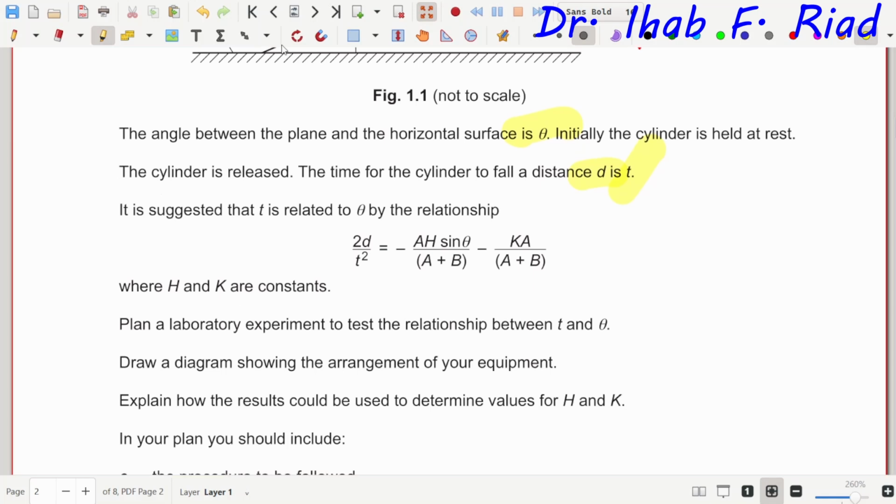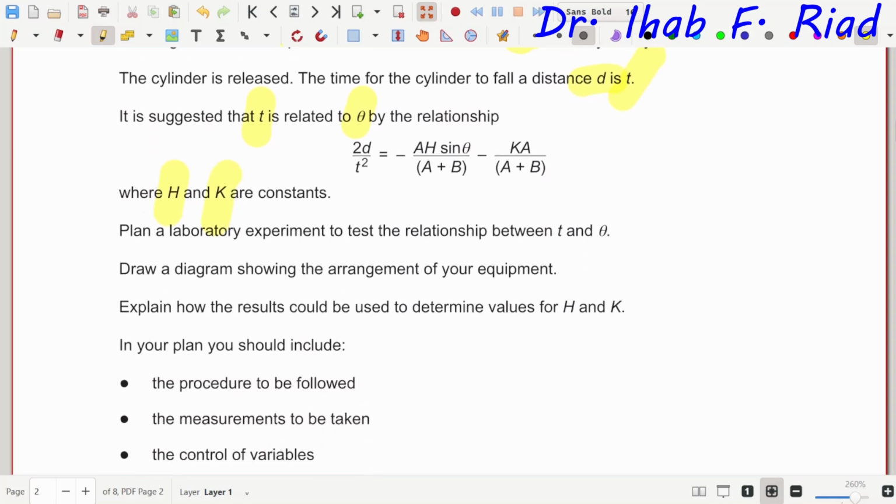Now he's telling us it is suggested that T is related to theta by the relationship, and he's giving us this equation, where H and K are constants. Plan a laboratory experiment to test the relationship between T and theta.